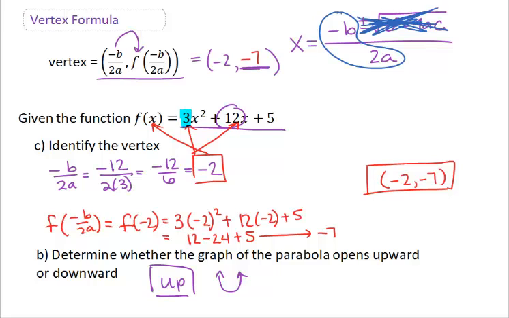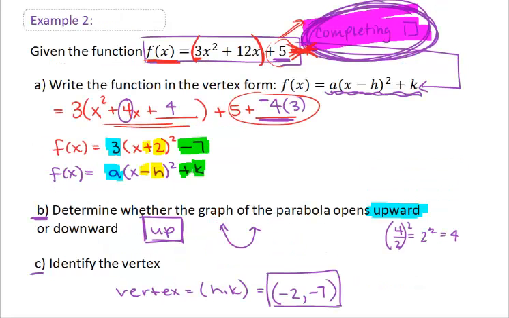Now, notice that the vertex that we got here is the same vertex that we get here. So it doesn't matter which way you do it, but let me just tell you that completing the square is the hard way, and the formula is the easy way.